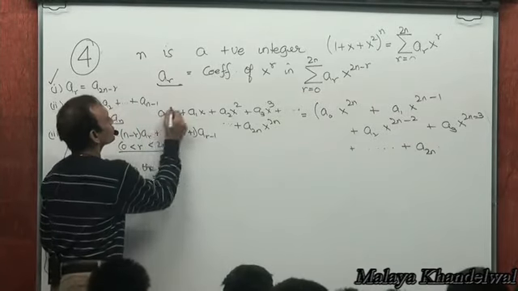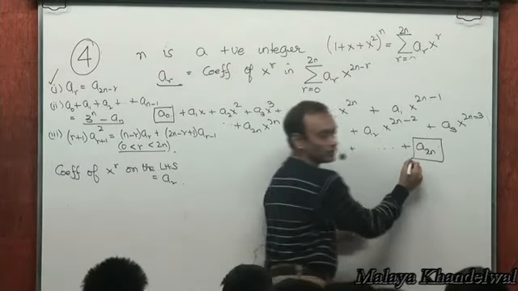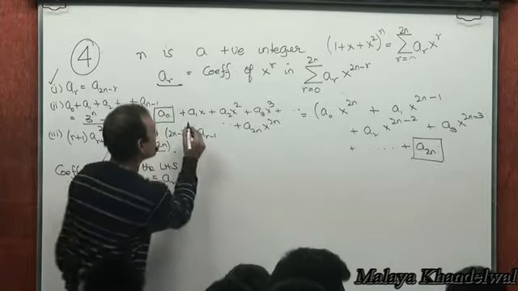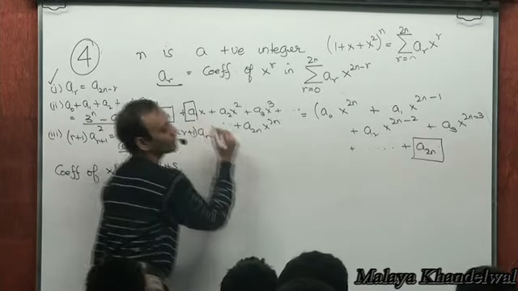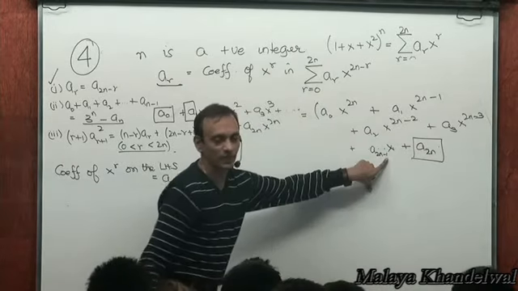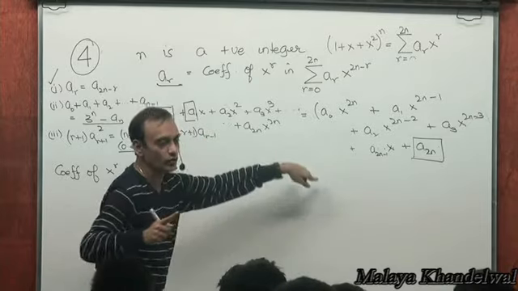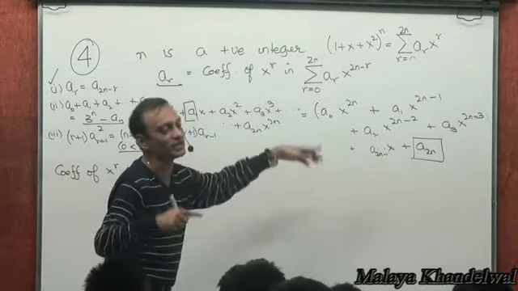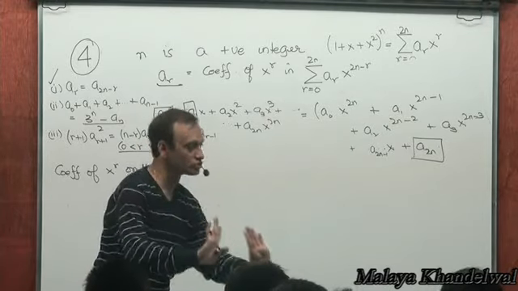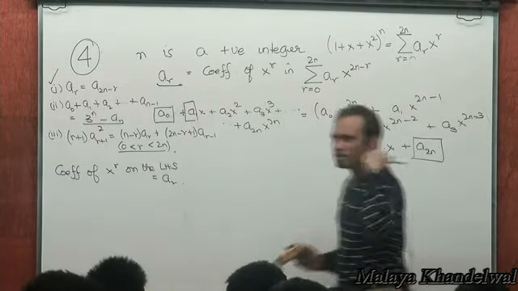So the coefficient of x power 0 here must be equal to the coefficient of x power 0 there. Coefficient of x power 1 here is a1, there it is a2n minus 1. So a2 would be a2n minus 2, a3 would be a2n minus 3, ar would be a2n minus r. Is this okay? Very good. Shall we proceed then?